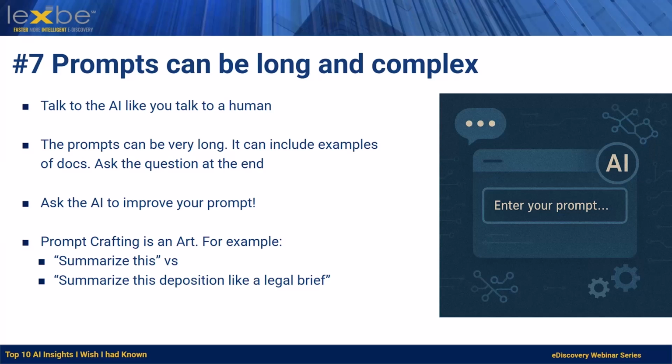But before I go there, I've seen some law firms that have summary prompts that are 2,000 words long. It would be along the lines of, if the document appears to be of this type, then summarize it this way. Otherwise, if it's of this type, summarize it that way, and then include this and be specific on this point, and on and on and on. You can really get to a very, very long prompt.